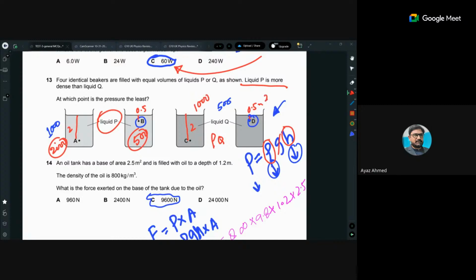And here it is 250. So when g is constant, just look at the product of density and height. If they give you the least value, pressure will be least, and if they give you the larger value, the pressure is more. Okay?